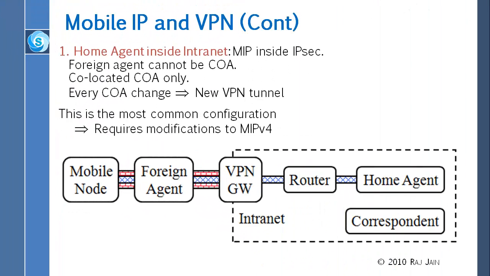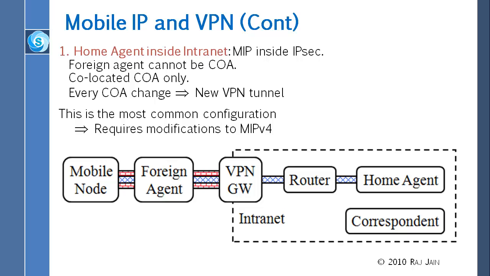So let's see. First, the case where the home agent is inside the intranet. So here is the home agent, here is the router, here is the VPN gateway, here is the foreign agent. If this is the case, then basically the foreign agent cannot get the packets from outside. Basically all the packets have to go to the mobile node, and the mobile node sets up a tunnel with the VPN gateway, and then they just pass through the foreign agent.